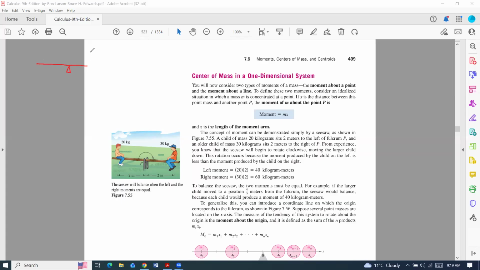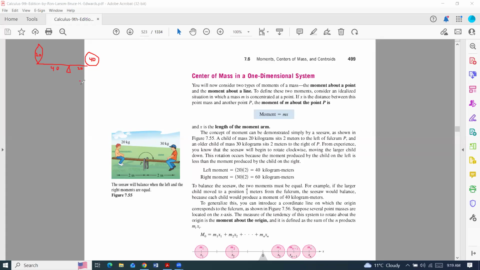Let's say one kid weighs 40 pounds, and the other weighs only 20. How can they be in equilibrium? Well, they can get there when the products are equal. Let's say you put one 20 feet away from the center, then the other should be 40 feet away, twice further.